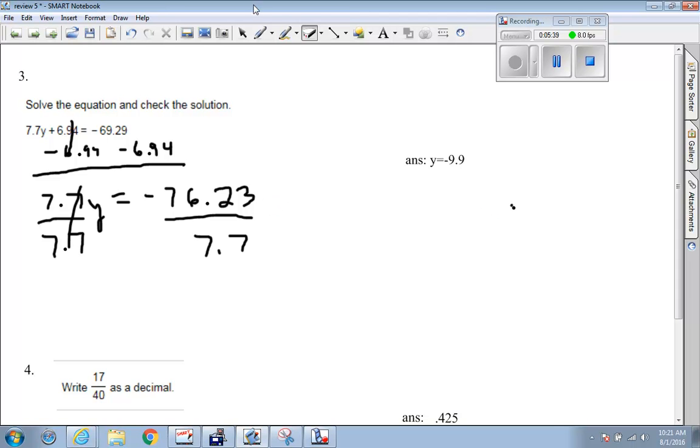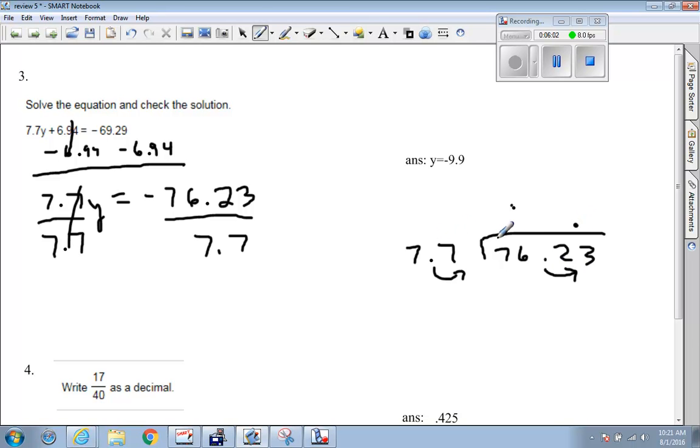I'm going to erase my margin work here. And now I have to figure out what 76.23 divided by 7.7 is. I know that a negative divided by a positive is a negative. So I'm going to go off on the side here and do some decimal division. Slide one and line up the decimal.